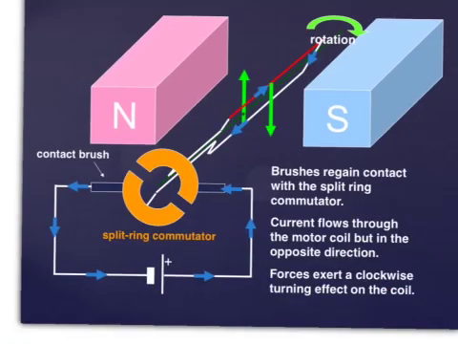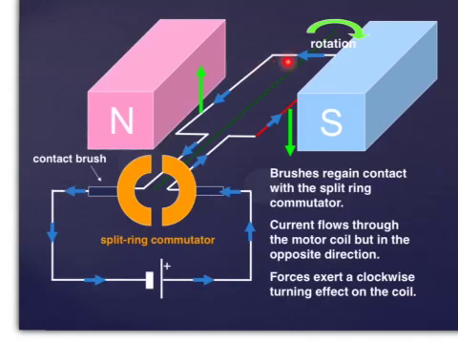The coil has now rotated past the vertical position, and brushes regain contact with the split ring commutator. You can see that. Current flows through the motor coil once again, but in the opposite direction. Forces exert a clockwise turning effect on the coil again, so the coil keeps turning clockwise.